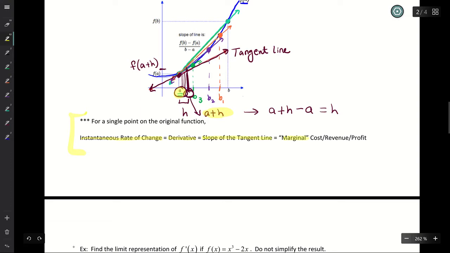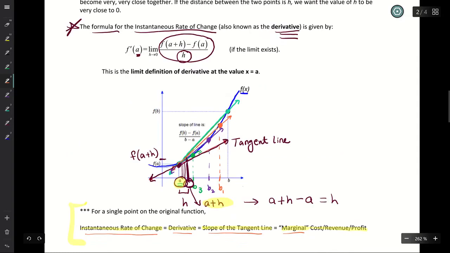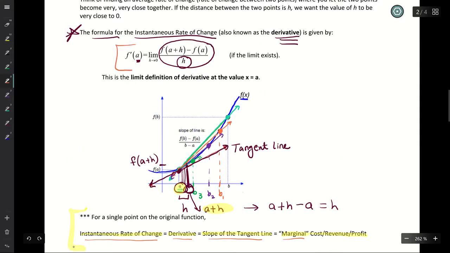So you're going to see this word marginal, and then we're going to talk later about cost, revenue, profit, things like that. Marginal means rate of change, and then they could be asking you for rate of change in the cost or the revenue or the profit and so forth. So if you see any of these wordings, they mean the same thing, and those indicate to us that we want to use this formula that we looked at above.